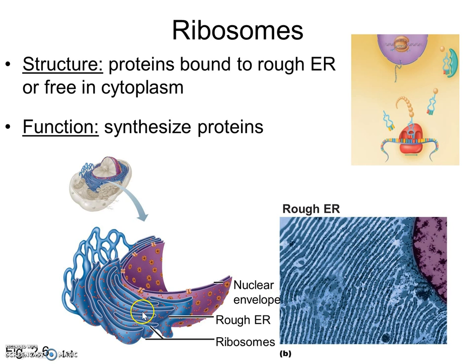Now, on this ER, we say that it's rough because these little red circles that you see right here are actually the ribosomes. So the ribosomes are bound to the rough ER. That's what we mean by the structure. Ribosomes themselves are protein bound to the rough ER. Or sometimes you actually just find free-floating ribosomes in the cytoplasm. So they can be free in the cytoplasm.